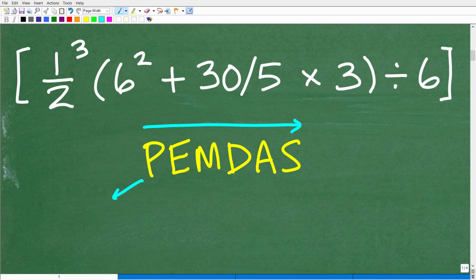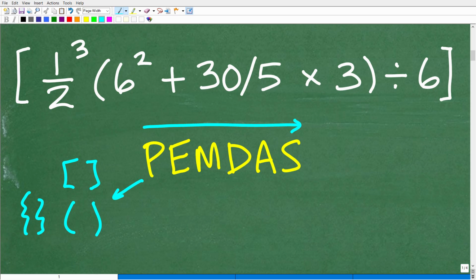So P, we're going to start with P. That stands for parentheses. Okay. Now, of course, we have parentheses, but it also stands for brackets, and these types of brackets. Effectively, P stands for grouping symbols. Anytime you're grouping some numbers together, that is a grouping symbol, and you can use parentheses, brackets, or these types of brackets.